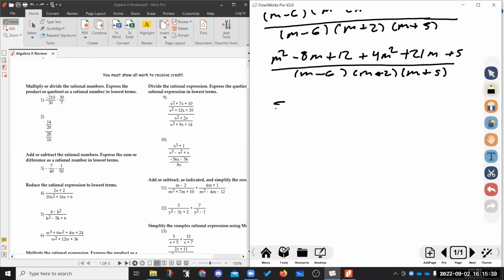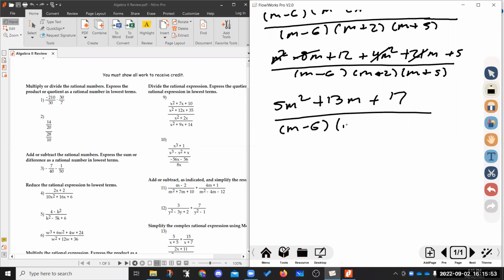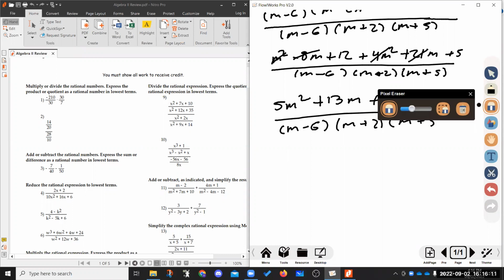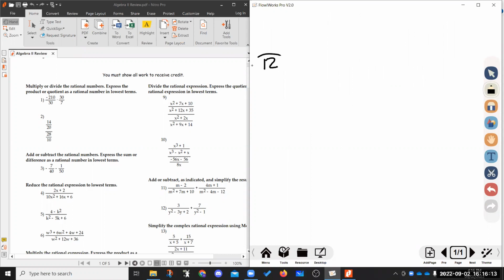Four m squared plus m squared is 5m squared. 21 minus 8 is 13. 12 plus 5 is 17. We're not going to be able to factor that numerator anymore, so we are done with number 11. On to number 12.